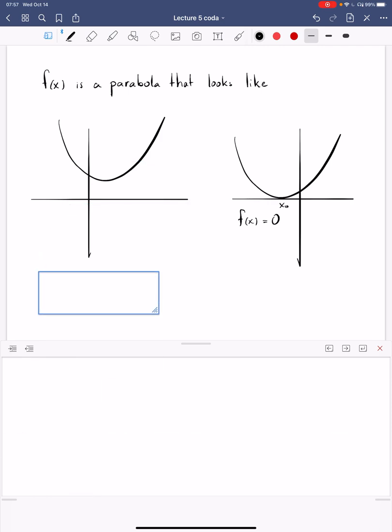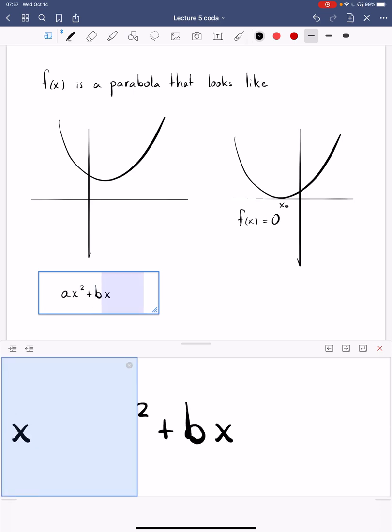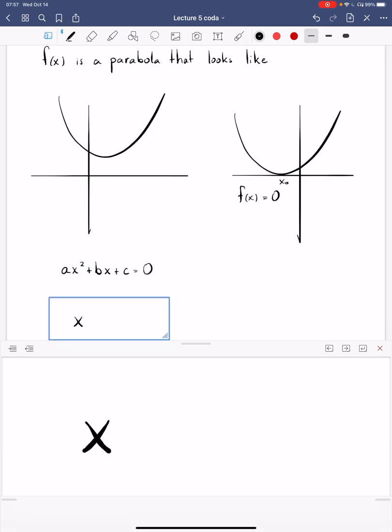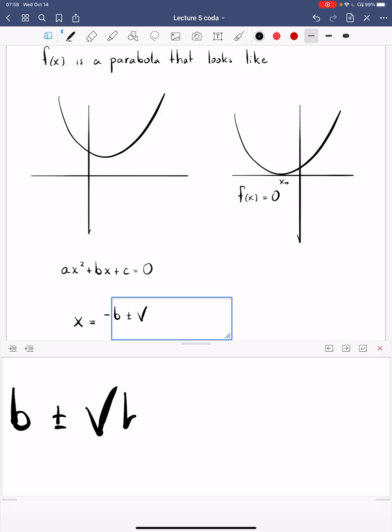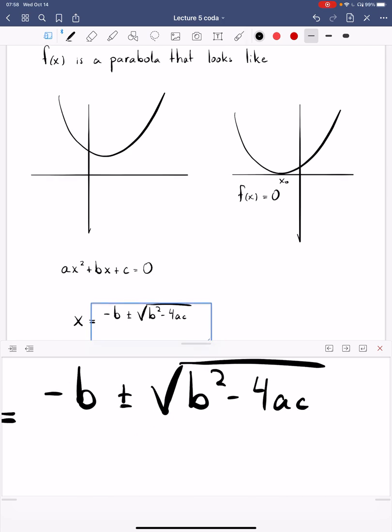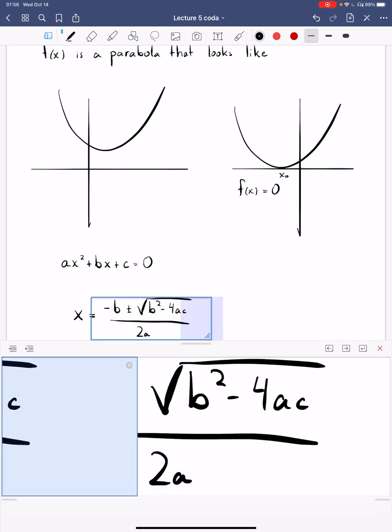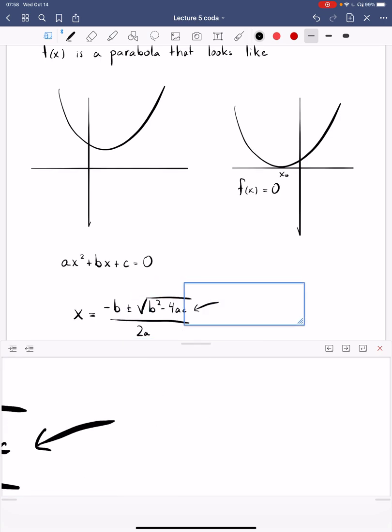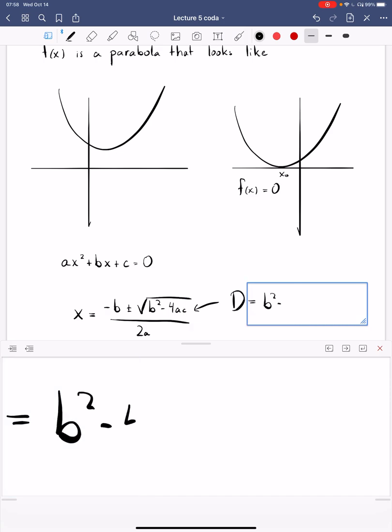And how do you differentiate between those two cases? If you have a quadratic equation, ax squared plus bx plus c equals 0, then what does the quadratic formula tell you? I hope I remember this: x is equal to minus b plus or minus the square root of b squared minus 4ac, all divided by 2a. That's the quadratic formula, hopefully. This piece of the quadratic formula is called the discriminant: D is equal to b squared minus 4ac.